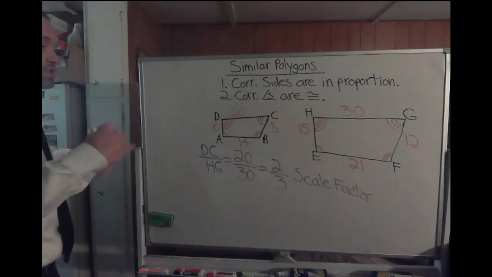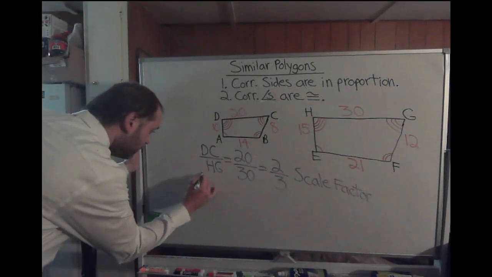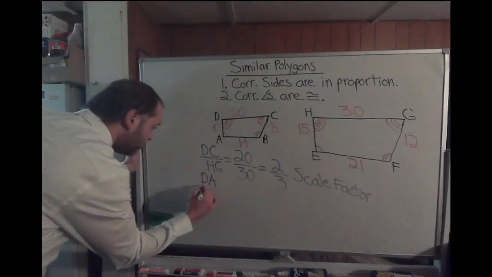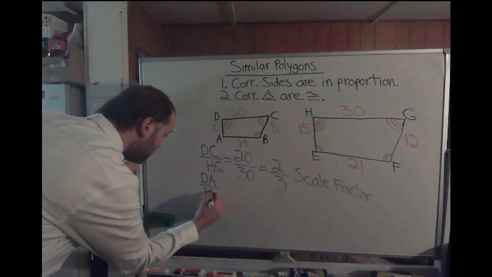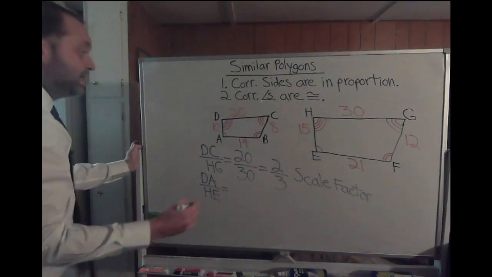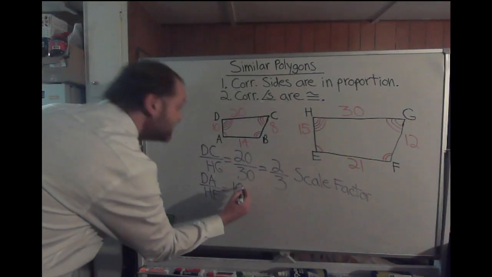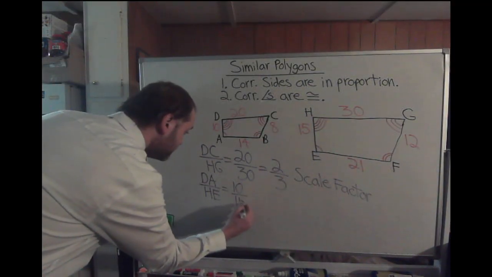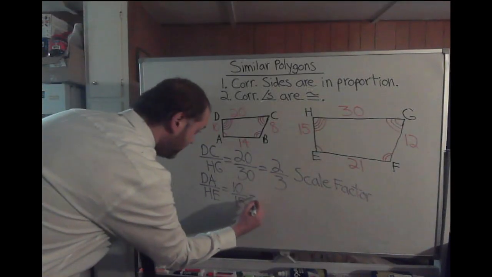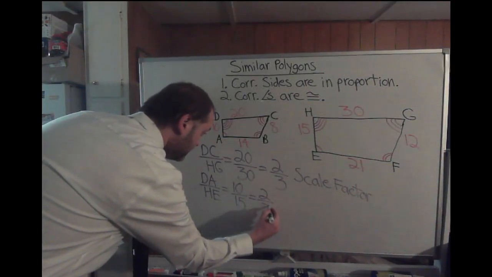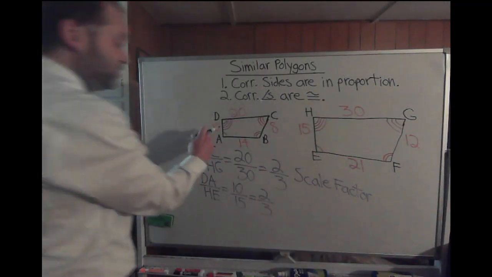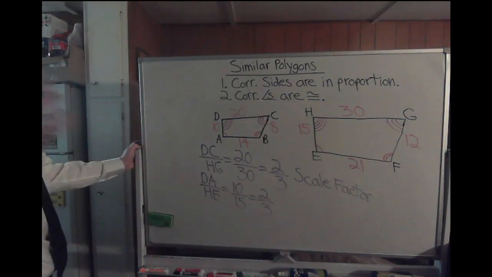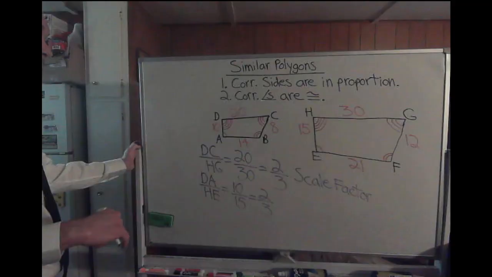Okay, so what about DA? On the left quadrilateral, DA will compare to HE, which would give you the ratio of 10 to 15, which also simplifies into 2 to 3. So far we have seen two sets of sides in proportion, but they all have to be in proportion.